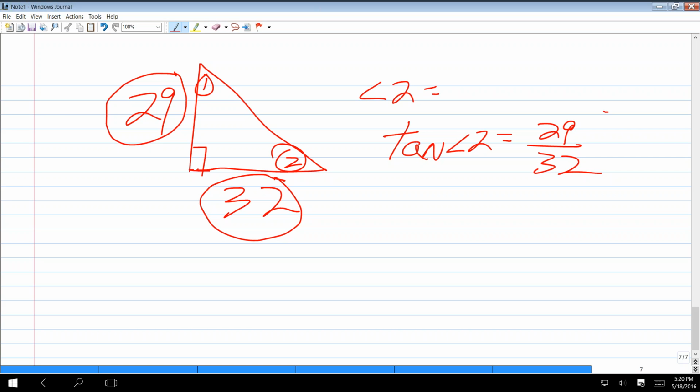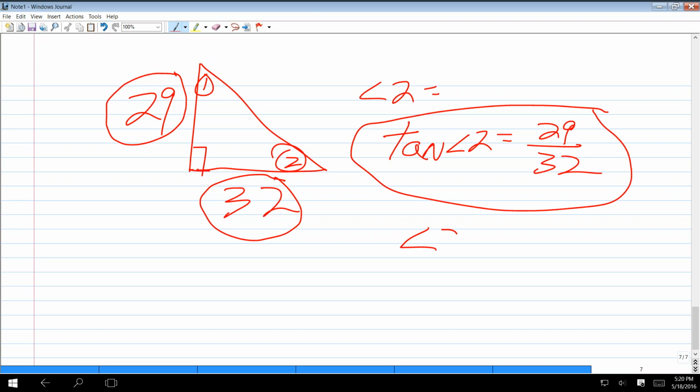Now, once you decide that it's the tangent trig function, to solve for angle 2, you need to take the inverse tangent of that ratio. Is that the one with the negative 1 up top? Yeah, that's the inverse tangent.